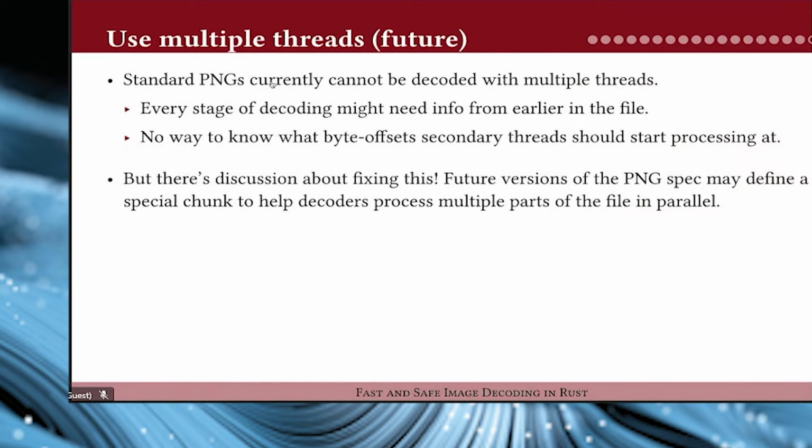And then one final approach that we would like to use, but actually cannot at the moment, is to use multiple cores of your computer. A modern processor might have 4 or 8 or 16, tons of CPU cores. They could all independently be running code. But at the moment, we're only able to use one of them for decoding a file. The reason is that these different stages have dependencies on immediately preceding data.